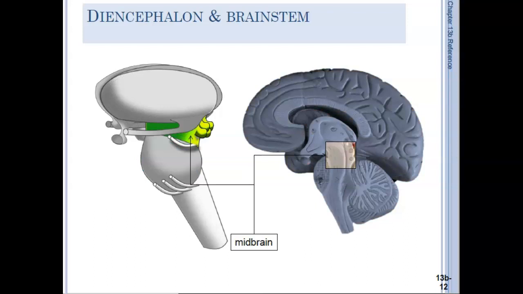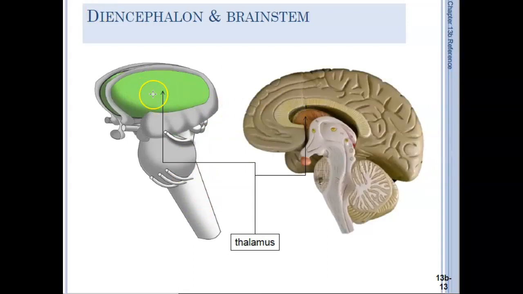The midbrain is associated with vision, hearing, motor control, sleep, wakefulness, alertness, and also temperature regulation. So oftentimes these will all get lumped into the brainstem, your midbrain, your pons, and your medulla, but they are three distinct structures.